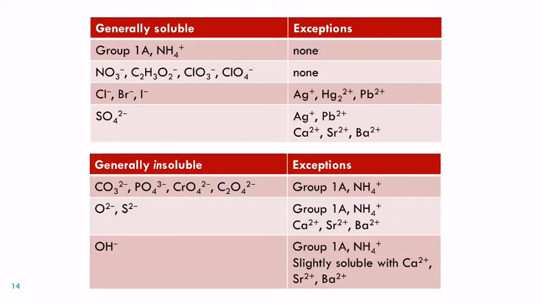Lithium, sodium, potassium, rubidium, cesium, group 1. You don't need to memorize the individual ones because they're all in group 1. You just remember group 1 cation. So if you see sodium dichromate, sodium's in group 1, that's going to be soluble. There are no exceptions to that one.